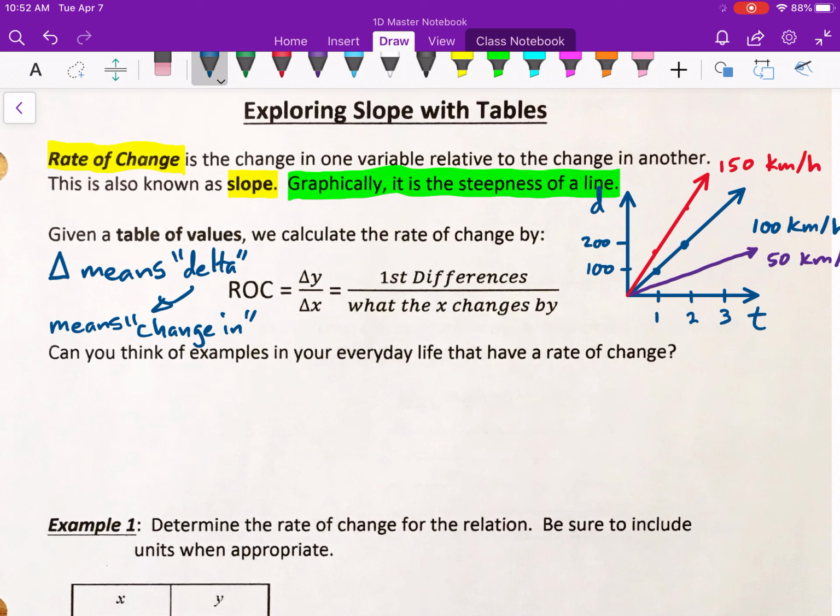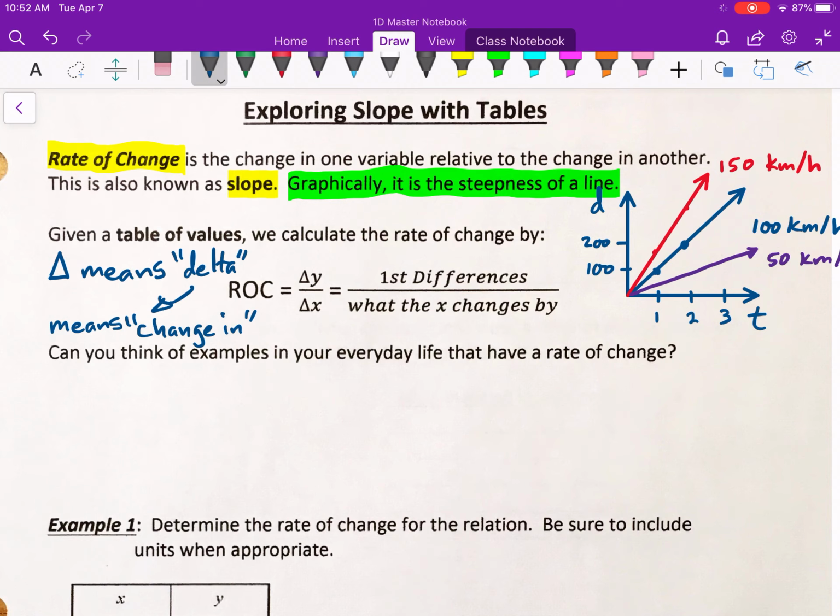And change in y is just the first differences. So if you think back to what we learned last lesson, I believe it was, first differences was actually just the changes in y. We saw that when we were talking about linear versus nonlinear, but if we're focusing on linear right now, remember first differences were all constant, and so first differences were just the change in y, and delta x is just what the x's are going up by.